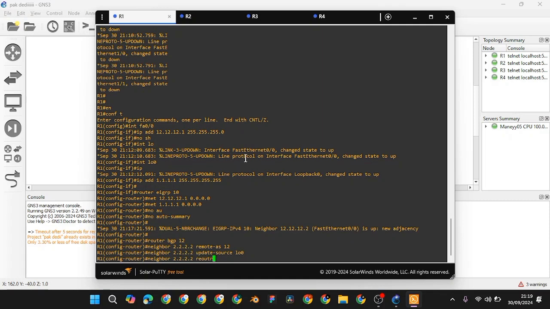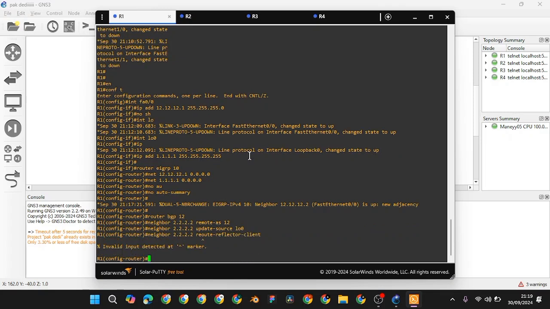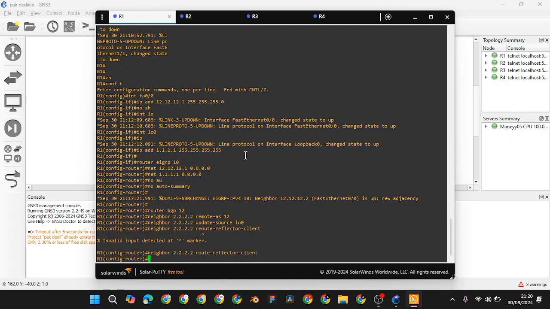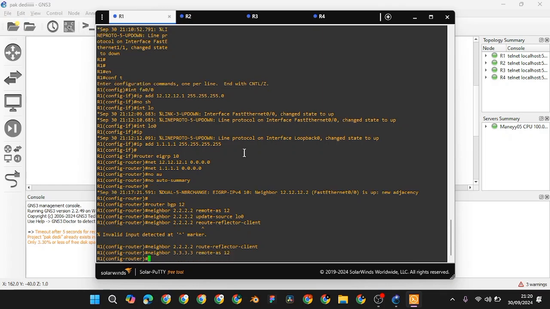The second is update-source lo0, and the third is route-reflector-client. You do exactly the same, the three commands, for the second, third, and fourth routers, but with the different IPs of the routers.